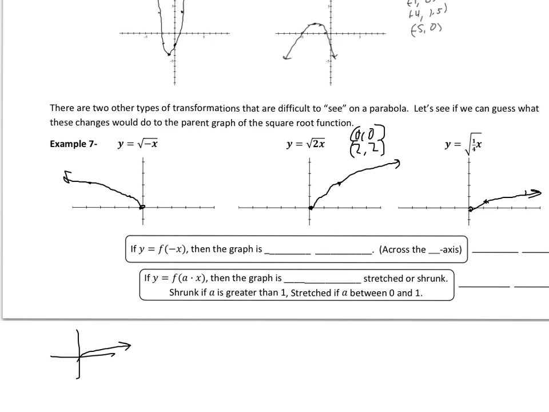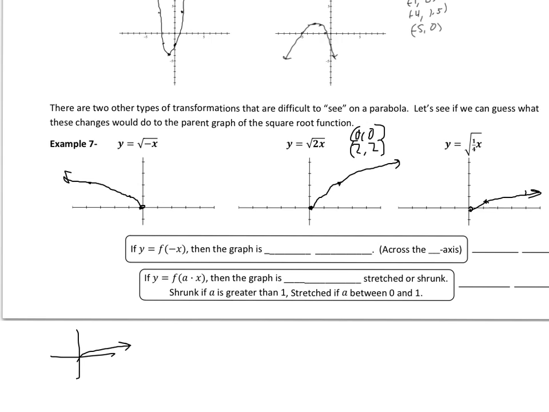All right, but remember, these are on the inside, so these are horizontal effects that we're having on it, right? So the square root of 2x is actually a horizontal squish, right? Because you're going to take that thing and squish it, and it's going to whoop.